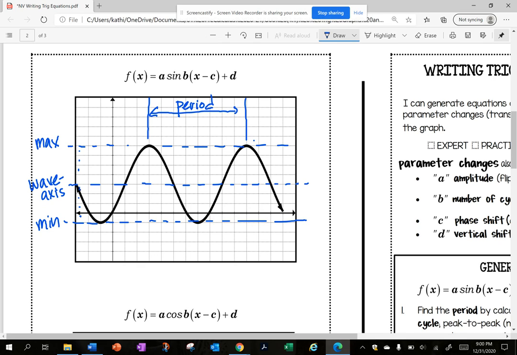And I know my period is related to my b value. So my b is 2 pi divided by the period, so whatever I calculate the period to be. So my amplitude is going to be from the wave axis. Here's my amplitude. It can be shown from a minimum or a maximum to the wave axis.